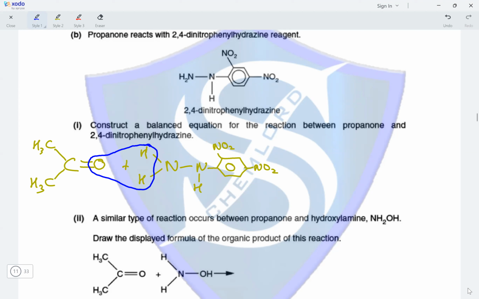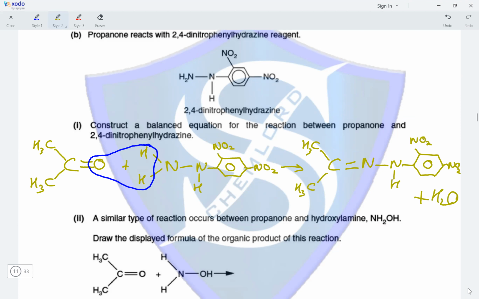This is the water molecule that will be removed, and the product formed would have the C of the carbonyl group forming a double bond with the N of the hydrazine molecule. So this is the product that is formed, and the water molecule that is removed is the other product that is formed during the condensation reaction shown here.